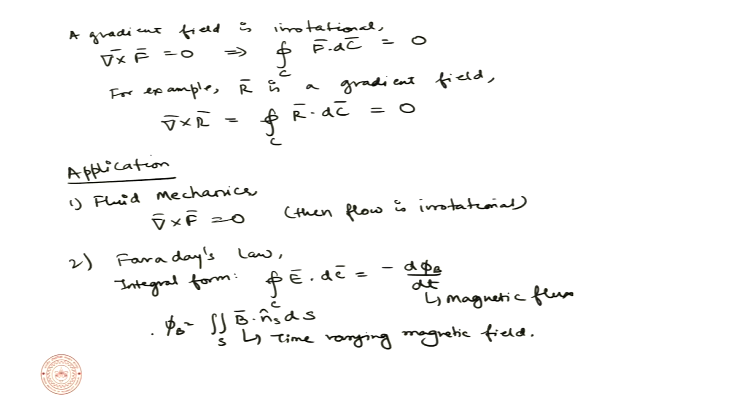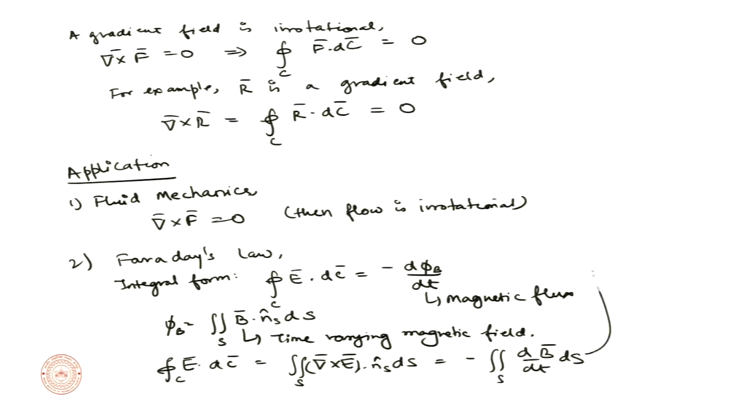Okay. So, if we substitute this back, we can say the cyclic integral over a given C of E vector dot dC is equal to, now by Stokes theorem we can write this as a surface integral of del cross E dotted with the surface normal dS, is equal to minus the integral over surface of dB vector by dt dS.